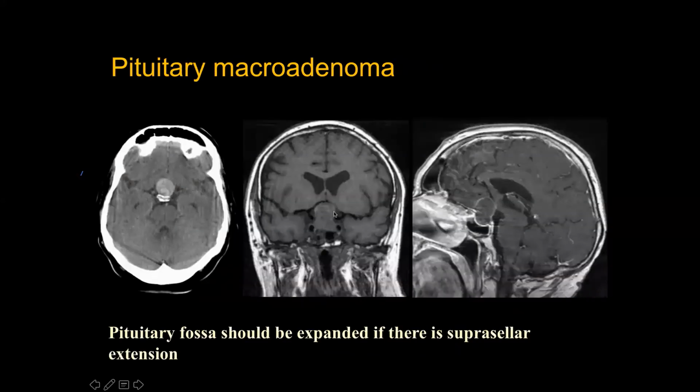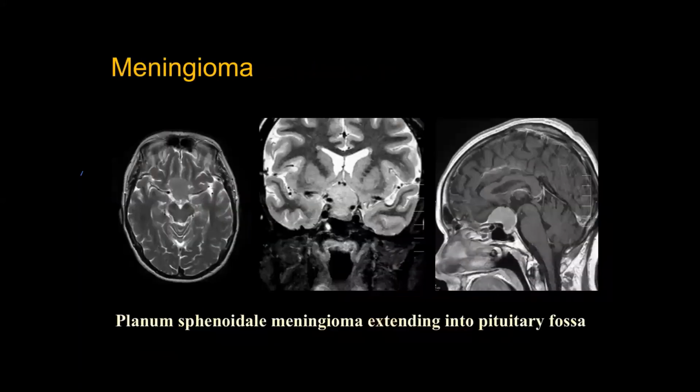If you see the pituitary fossa being expanded by the lesion and the lesion is going upwards, it's going to be a pituitary tumor coming from below, going up into the suprasellar region. Whereas if you have a lesion that is predominantly outside and creeping into the sella, and you can see a normal pituitary pushed downwards, this is a meningioma.